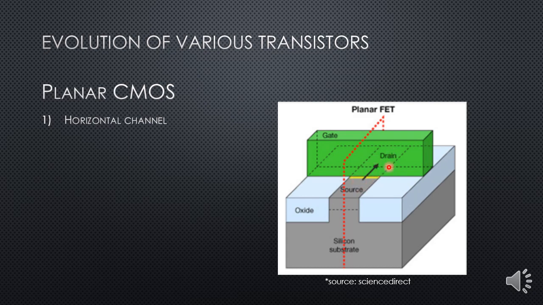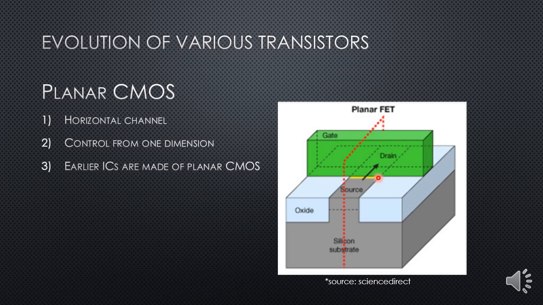As I said, CMOS is a voltage-controlled device. We apply the potential to the gate, and the formation of the channel is only controlled from one dimension, which is from the top. Based upon the voltage applied, the channel will form, and that's why we say the control is from only one dimension.